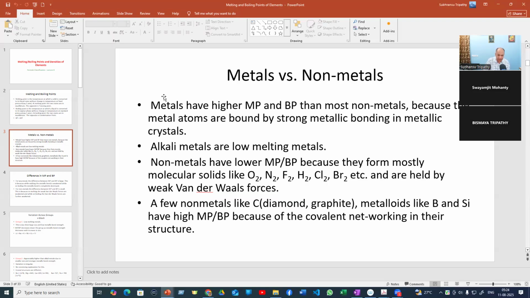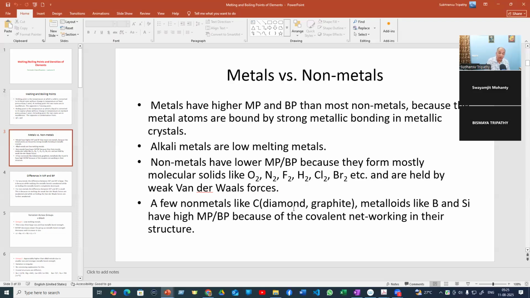So, you see, few non-metals like carbon, one of the allotropes, diamond, has the highest melting point because we will study in carbon family that in diamond, it is a network structure. It is a single molecule with infinite molecular mass. Each carbon is bonded to 4 other carbon atoms covalently, and as a result, it's an infinite network.